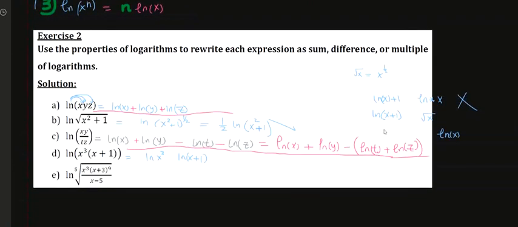So here we have divided the ln and distributed it to the x power 3 and then 3x plus 1. And of course, because there is a product here, we will separate them with the addition.